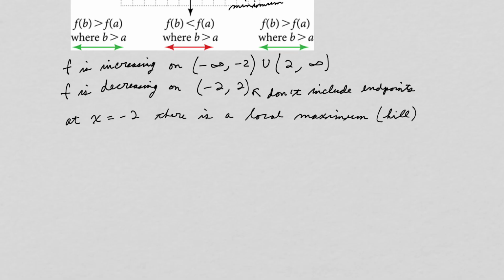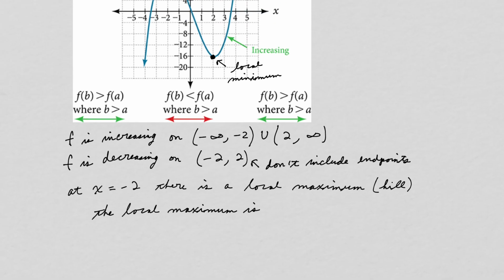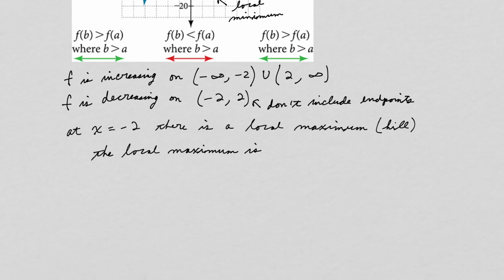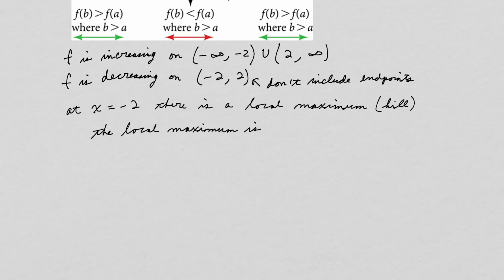And if they ask you for the local max, it's going to be the output value. So you could say the local maximum is, and I have to go back to look at it. What's the output value? It looks like it's 16, right? So the local maximum is 16 at x equals -2.